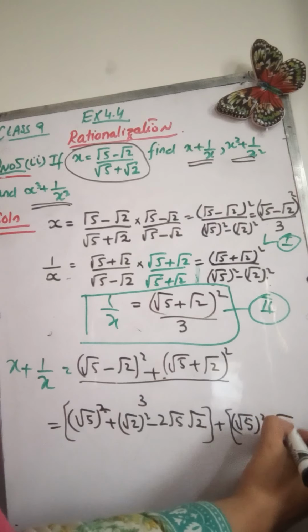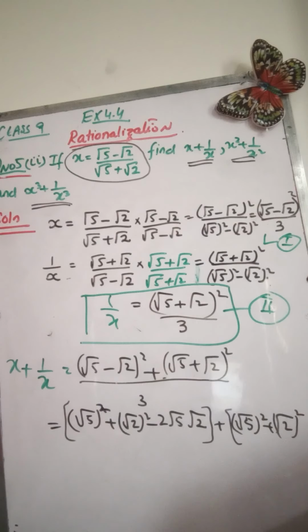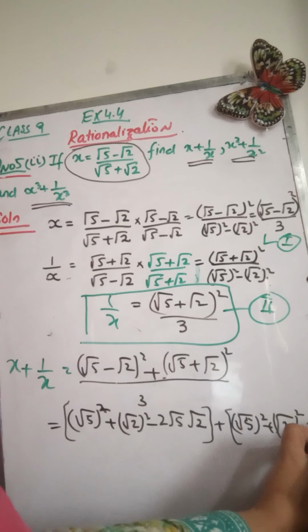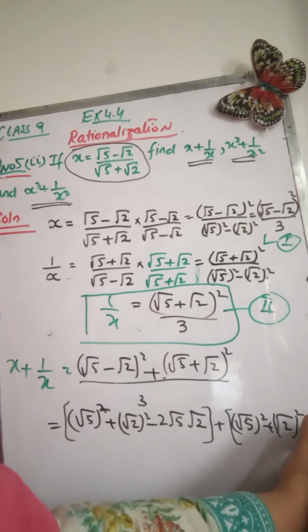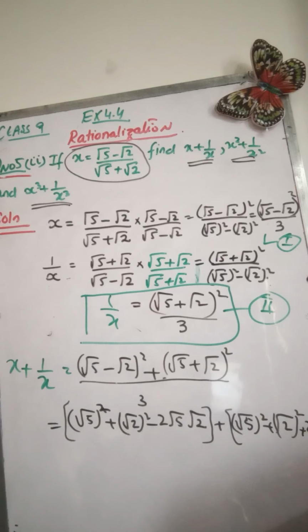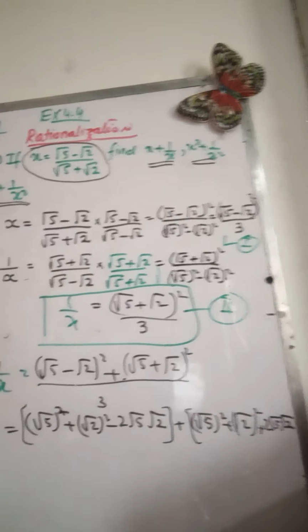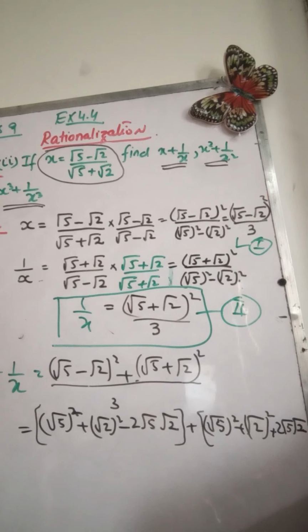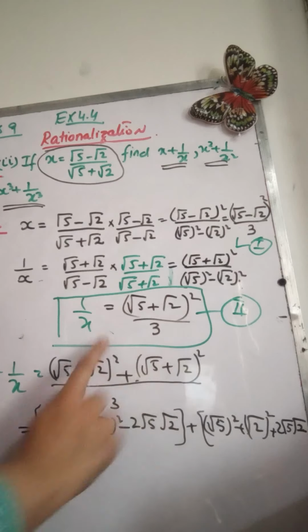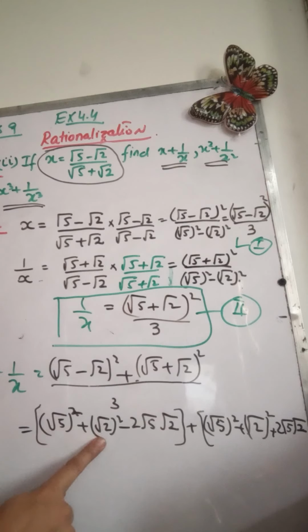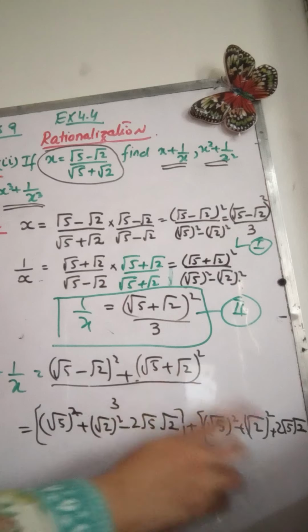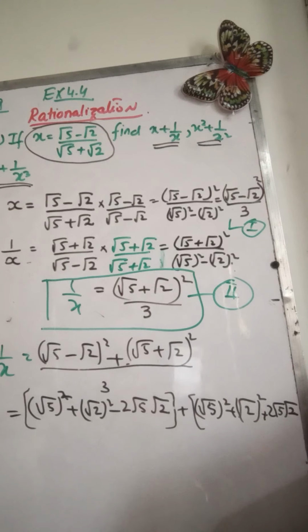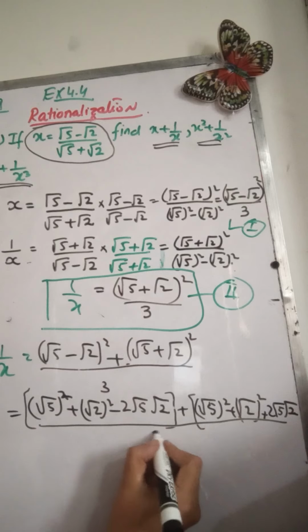a square plus b square plus 2ab. A will be √5 and b will be √2. So x plus 1 over x is equal to this expression, and (a minus b) whole square is a square plus b square minus 2ab, and (a plus b) whole square is a square plus b square plus 2ab, over 3.